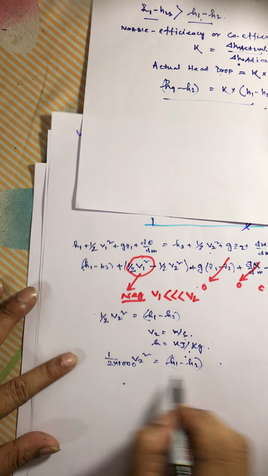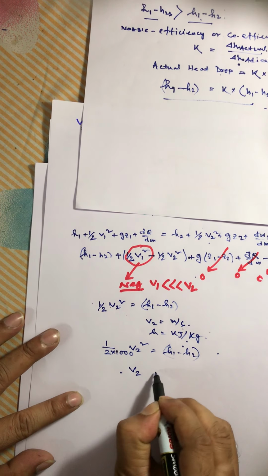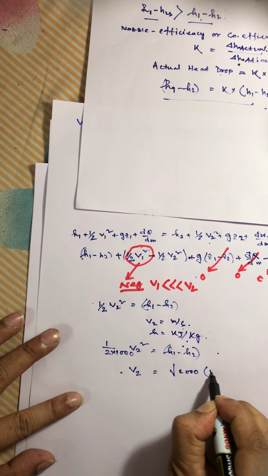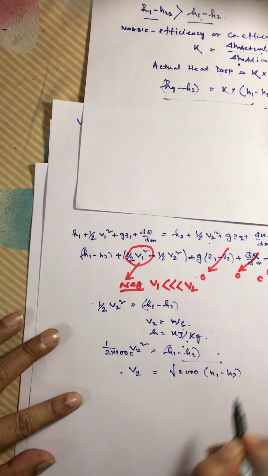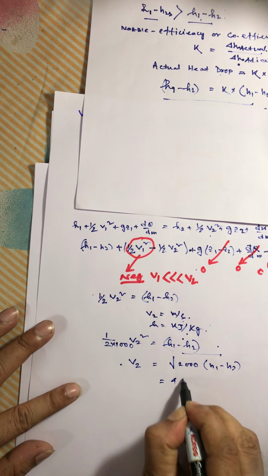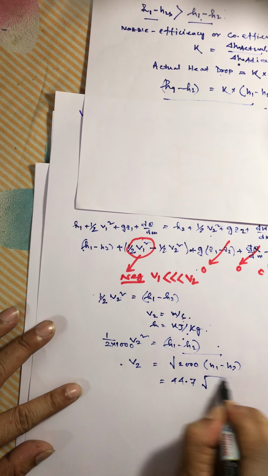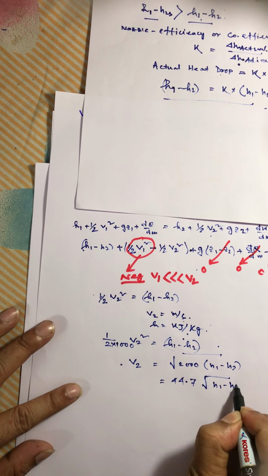Both units are the same. So, V2 is equal to root of 2000 into H1 minus H2, and that will be approximately 44.7 root of H1 minus H2.